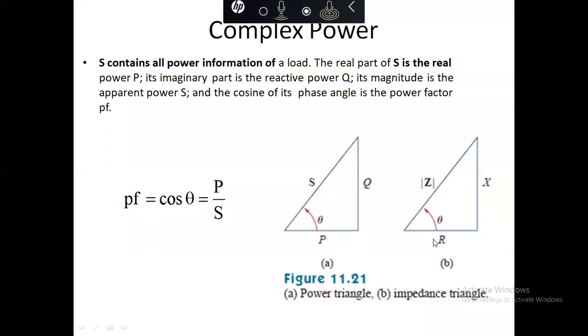Also, if we determine the load, we have the resistive load which contributes to the real power, and we have the reactive load which contributes to the reactive power, and we have the overall impedance of the network which contributes to the apparent power.